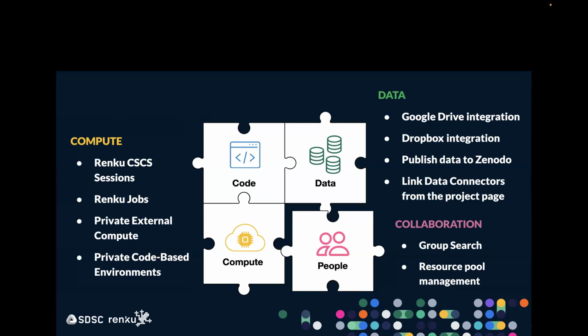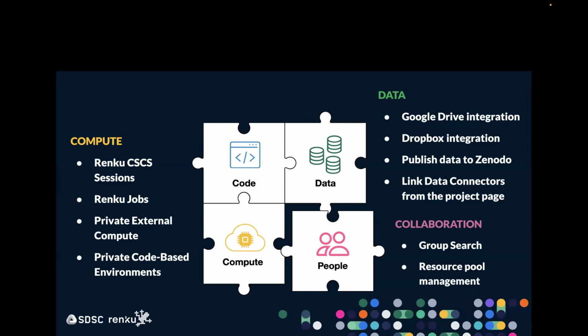We will also have a showcase about the collaboration, how the group search works. We will also talk about improved resource pool management. And on the compute side, we will go deeper on how to set up Renku with CSCS.